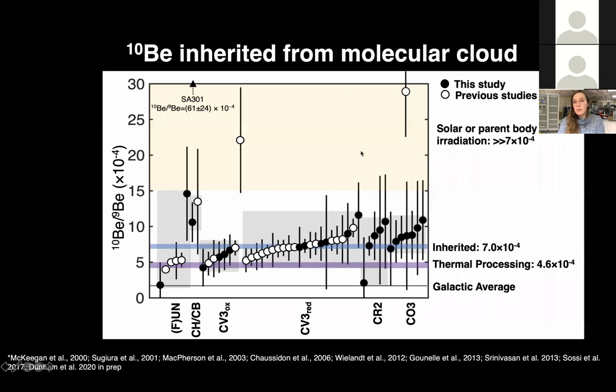This shows that there are a few higher values in CAIs that could indicate extra solar or parent body irradiation that's overprinted on the initial inherited level.